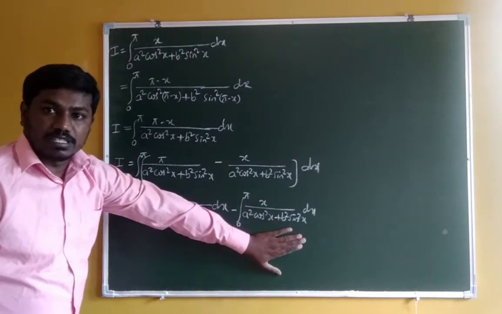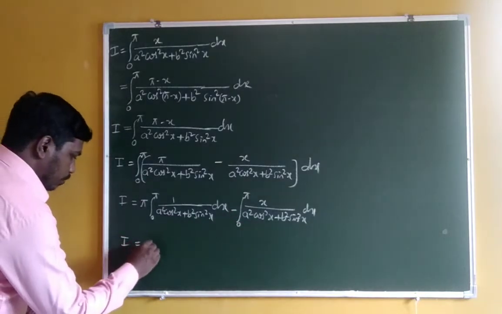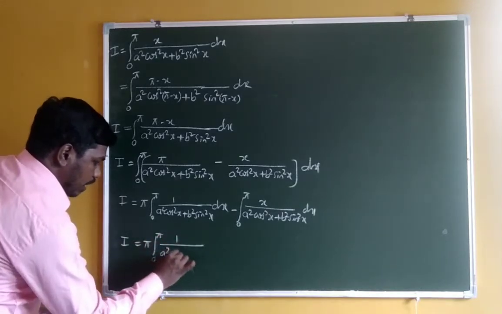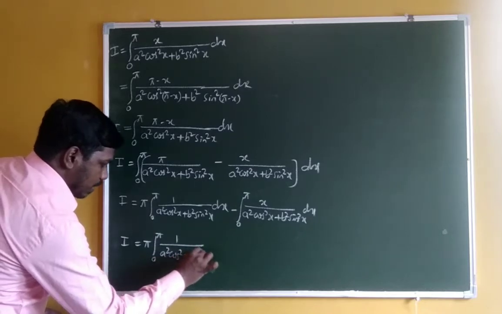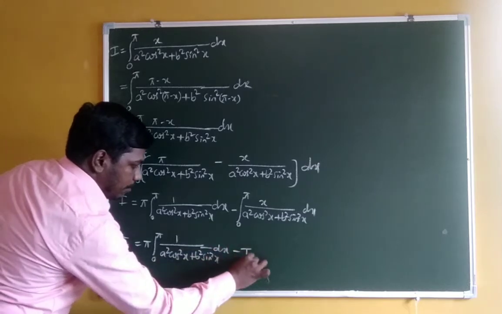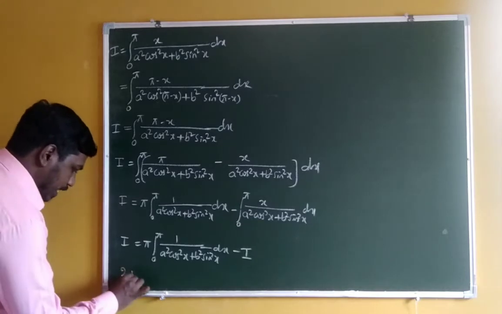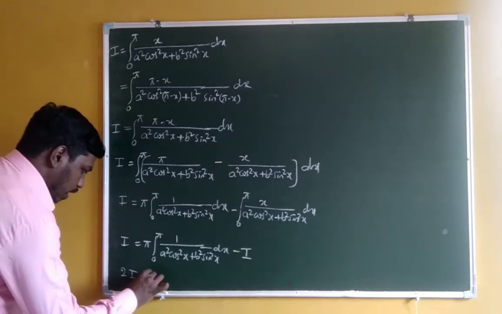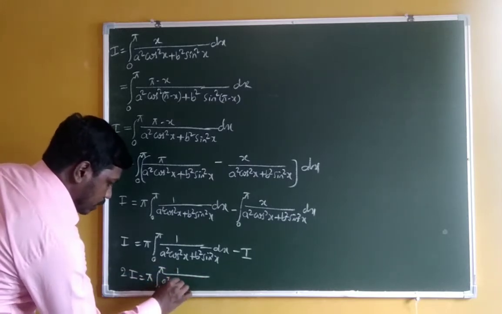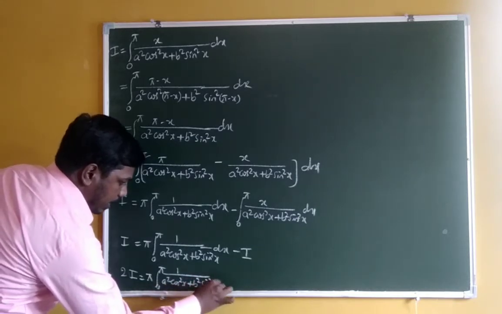I. Correct? So this becomes minus I. Again, I is equal to pi into integration from 0 to pi of 1 divided by a square cos square x plus b square sin square x into dx, minus I. Shift the minus I to the other side, and it becomes plus I, so 2I is equal to pi integration from 0 to pi of 1 divided by a square cos square x plus b square sin square x into dx.